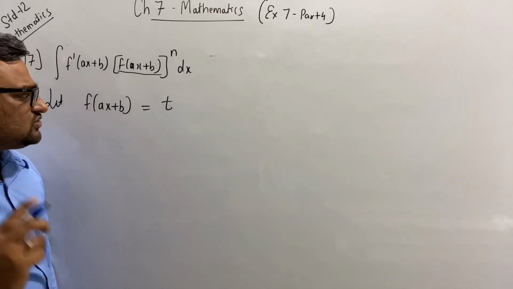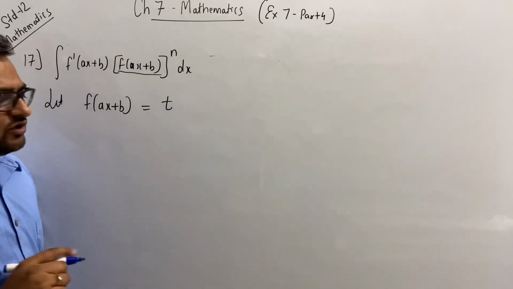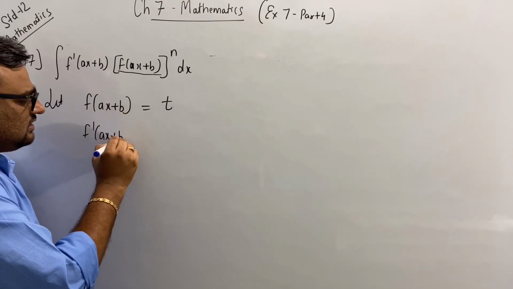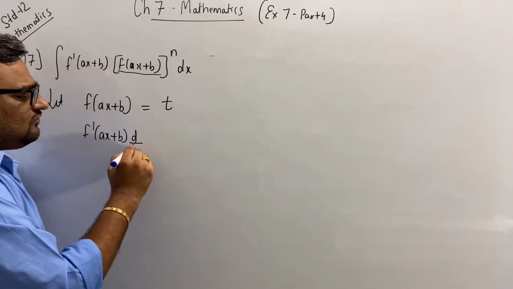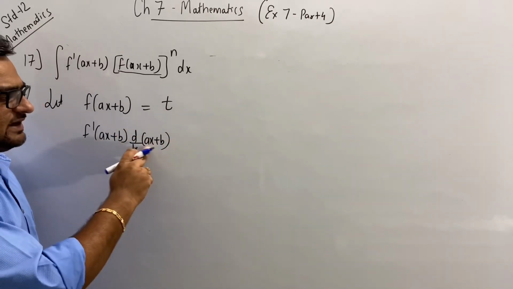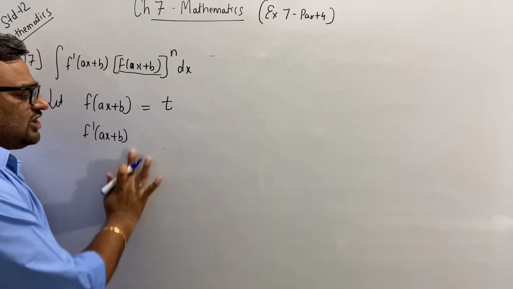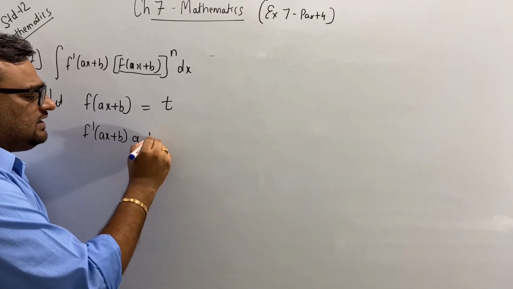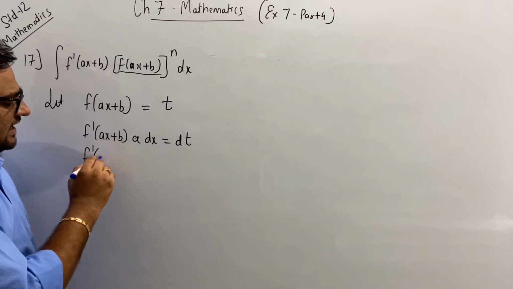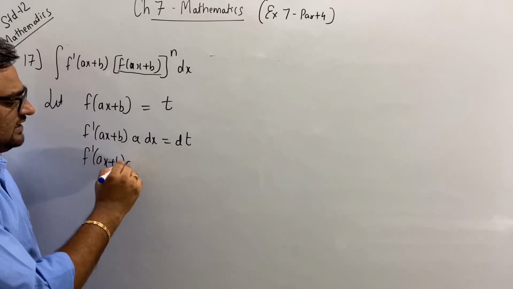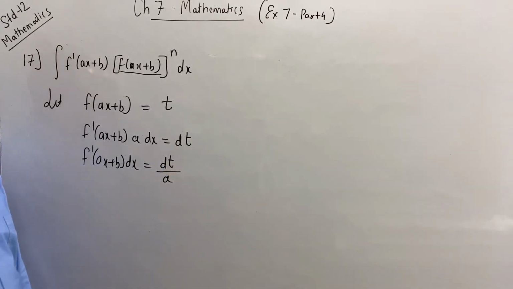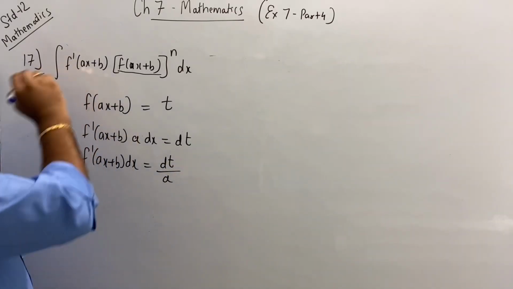Now see, when I differentiate it, this will become f dash into d by dx of ax plus b. So what is d by dx of ax plus b? a. So I write it down directly: a dx is equal to dt. So f dash ax plus b dx will be equal to dt by a. Clear?